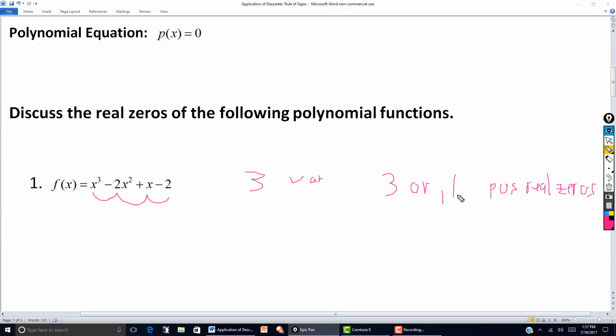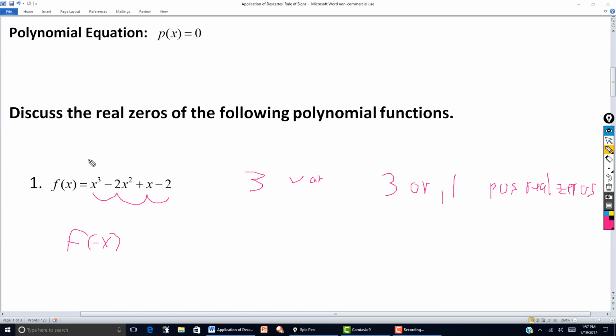Okay. Now, for the negative ones, we have to find f of minus x. Okay, f of minus x. What is f of minus x? Okay, so replace the x by a minus x. Okay, so if I put it in the first term there, that's going to become a negative, right? The coefficient will become negative.